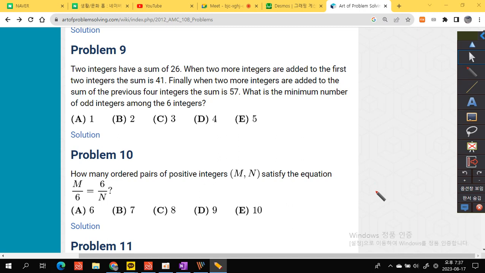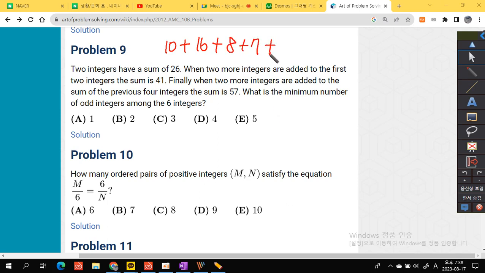And to be the sum of even numbers, I mean even plus even is even. So to make 26, for example, we can use 10 and 16, and then from 26 to 41, we need to add 15 using two numbers. Because 15 is odd, one of them must be even.